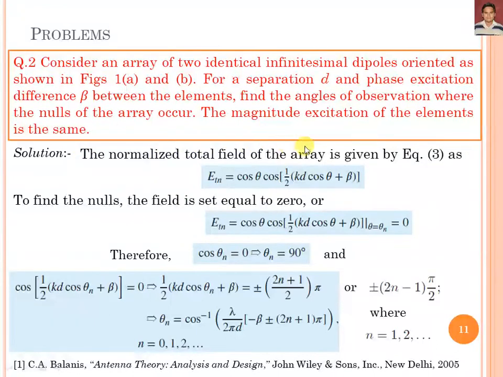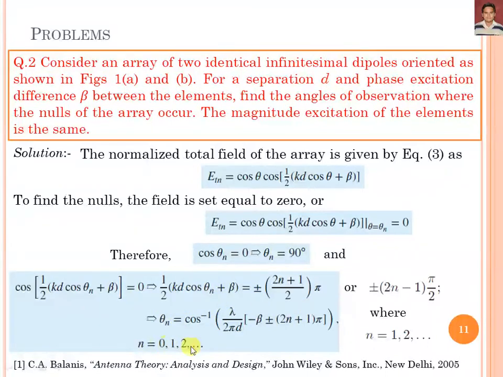So to normalize the total field of the array, using equation 3 we will get Etn. This is the normalized field. To find the nulls we put this value equal to 0, then cos theta, and so we have nulls at theta equal to 90 degrees, and this is due to the single element. And cos(1/2 kd cos theta + beta) is due to the array factor. Then we will get this value as cos inverse.